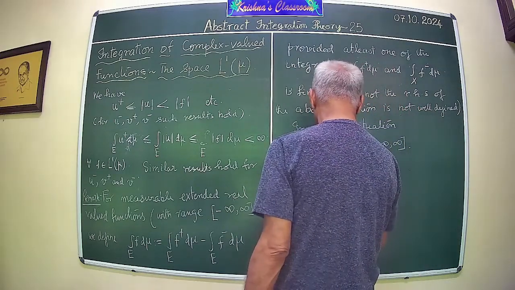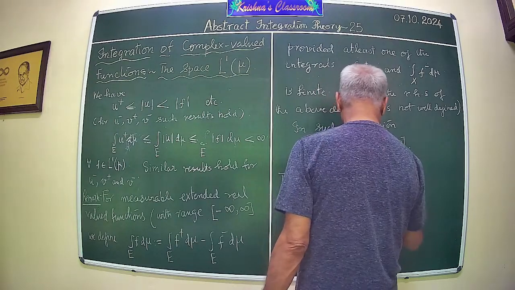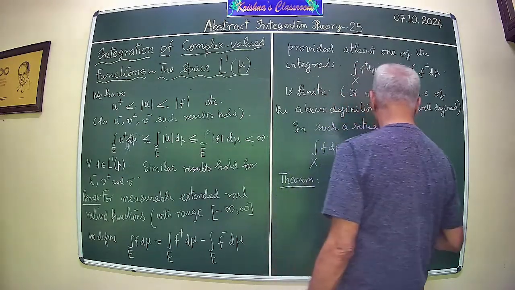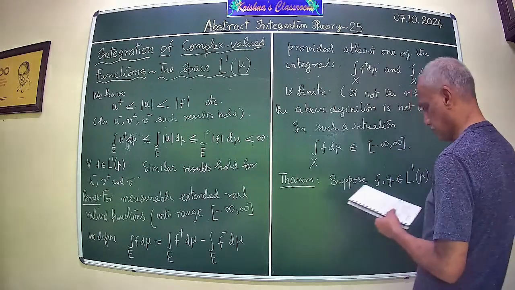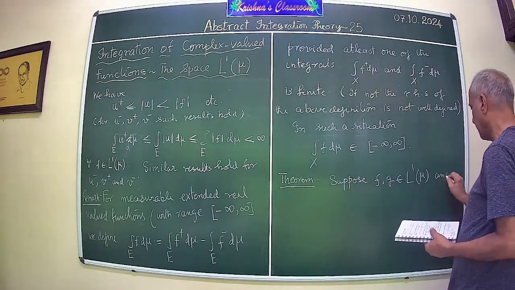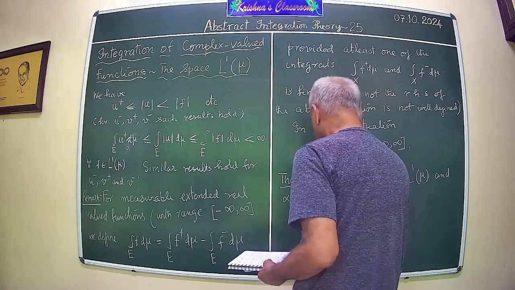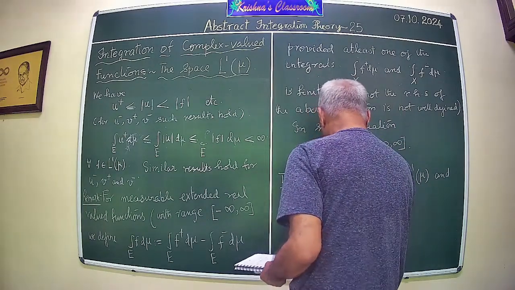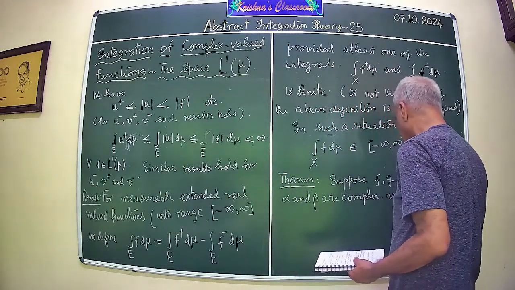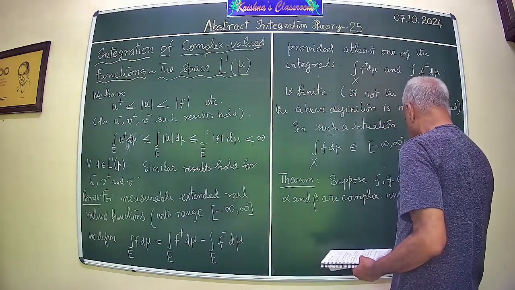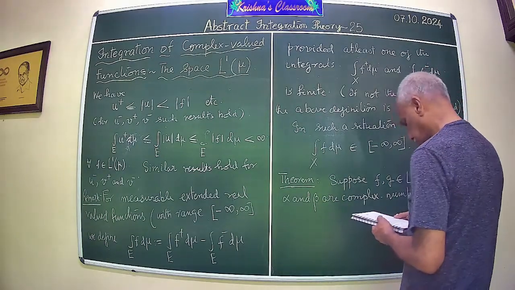Suppose f and g are integrable, and alpha and beta are complex numbers.